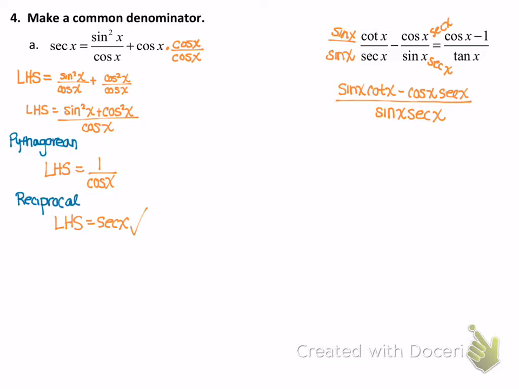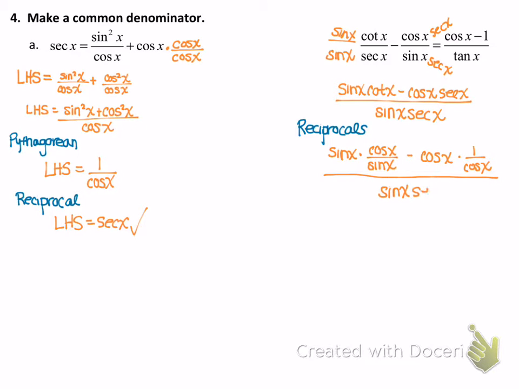So now, if we use the reciprocals, we can adjust our cotangent and our secant in the numerator. So I'm going to have sine of x times cosine of x over sine x minus cosine x times 1 over cosine. So that's just the numerator, so this whole thing is now going to be over sine of x times secant of x.